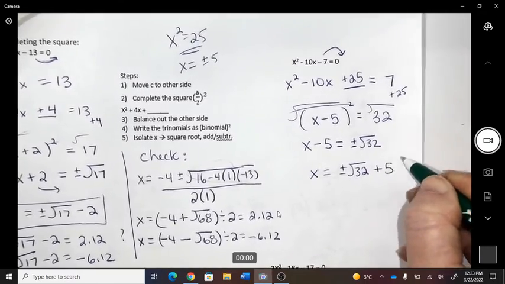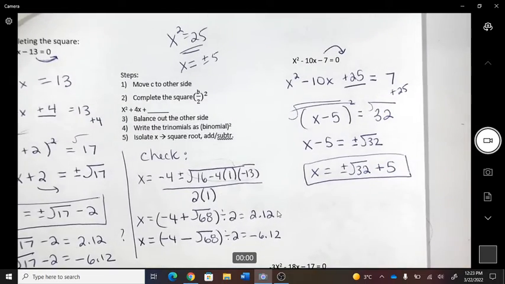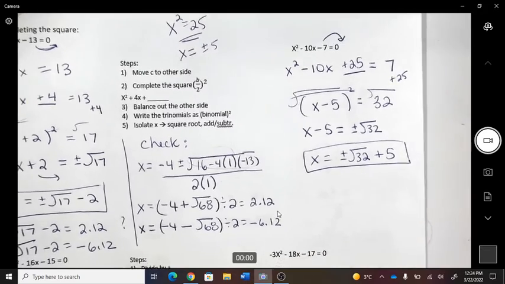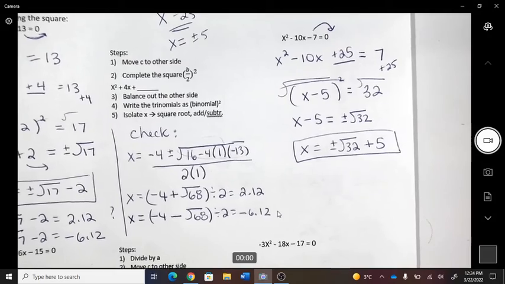And then one more piece of algebra. What if I did this to you on a test? Draw me a sketch.